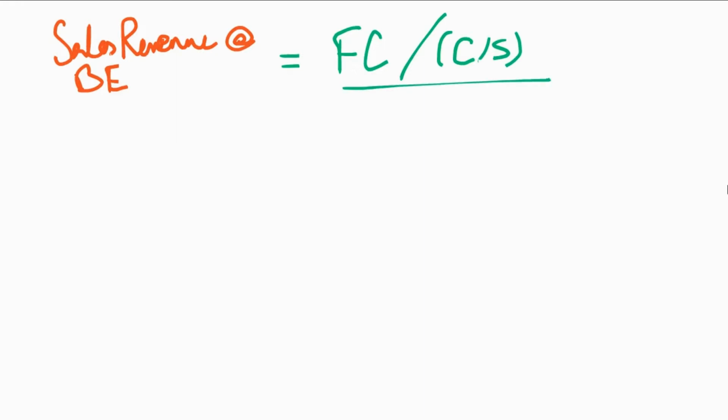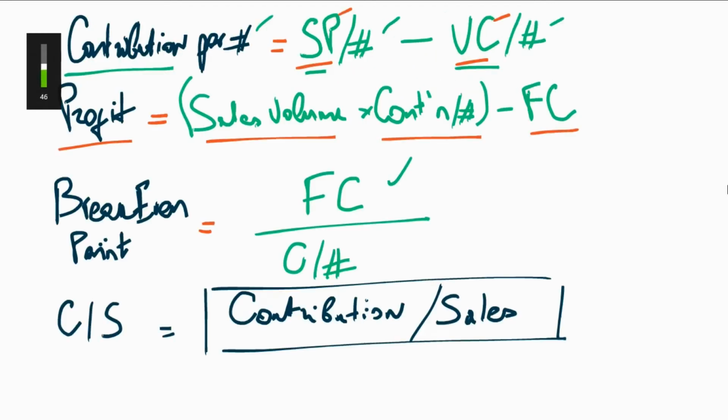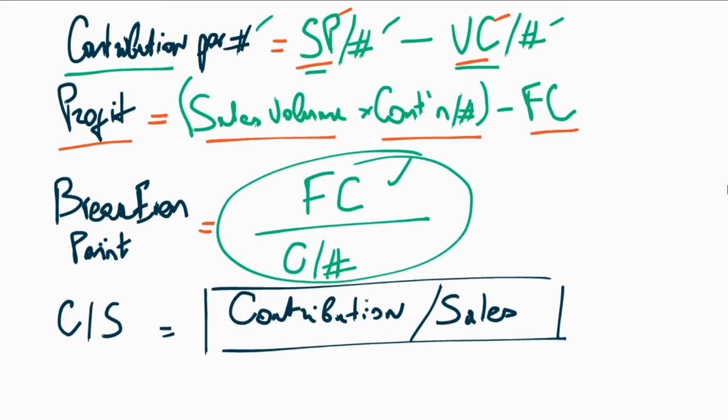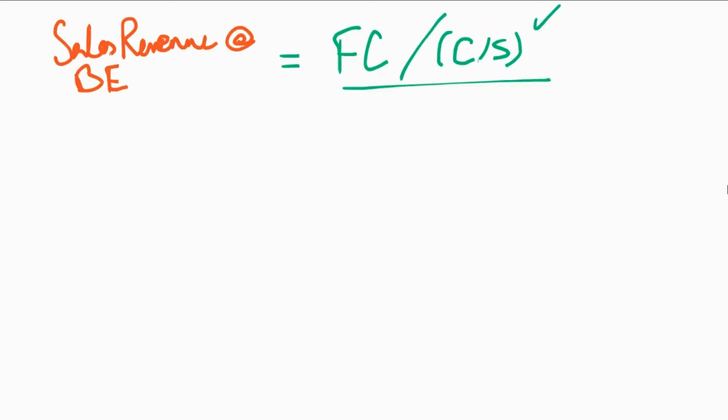I will dedicate one video for this formula and for the previous formula, so that you understand the logic behind these two formulas. But for now, let's not waste our time on it. Let's just move on to see what else we need to remind ourselves about.